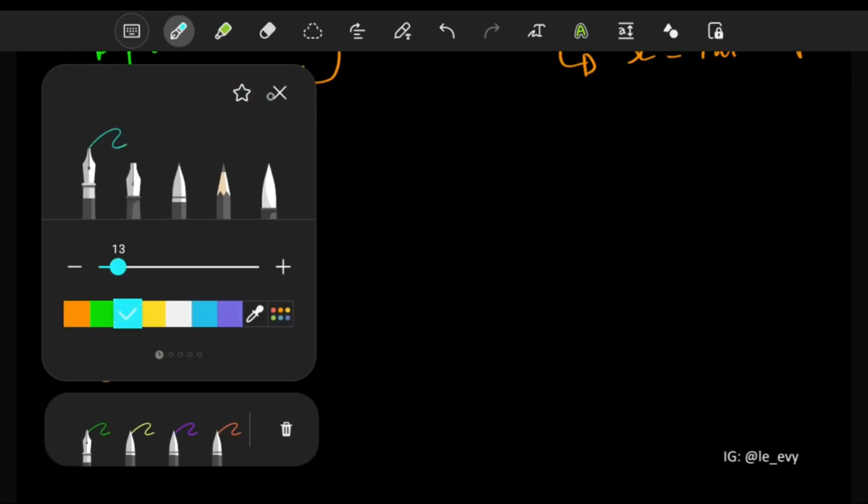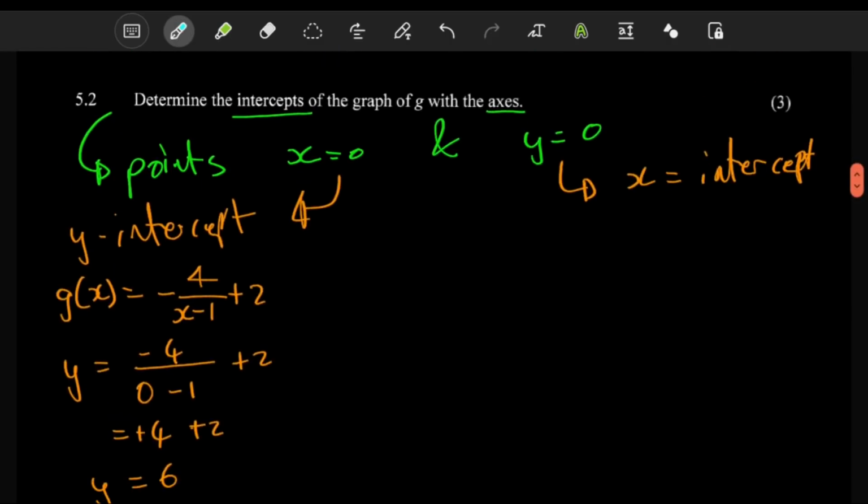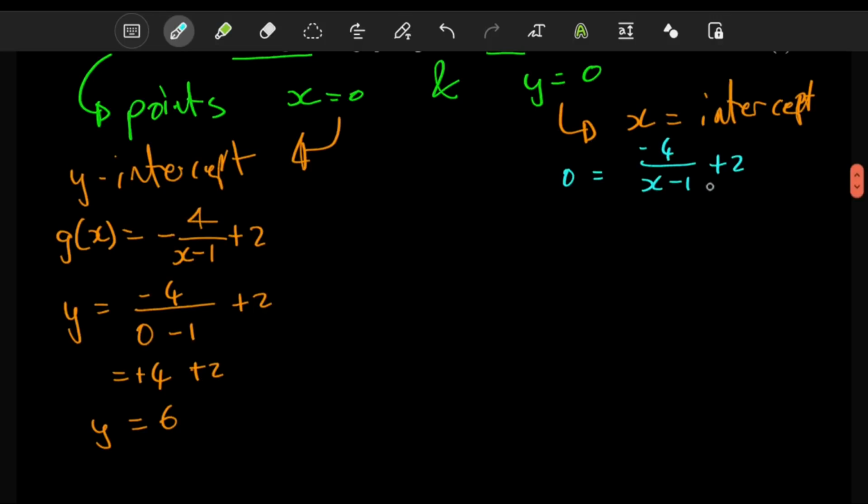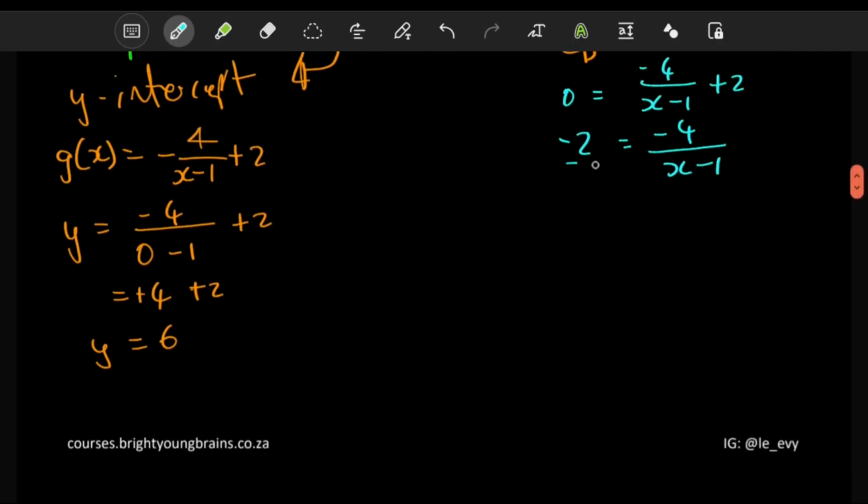Then for the x-intercept, you make the y value 0. So 0 is equal to negative 4 over x minus 1 plus 2. The 2 can go over, giving negative 2 equals negative 4 over x minus 1. Because this is over 1, you can cross multiply: 1 times negative 4 is equal to the x minus 1 bracket times negative 2.